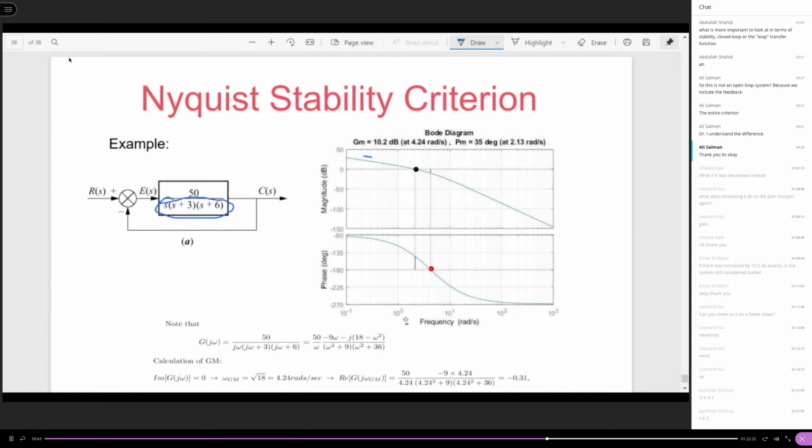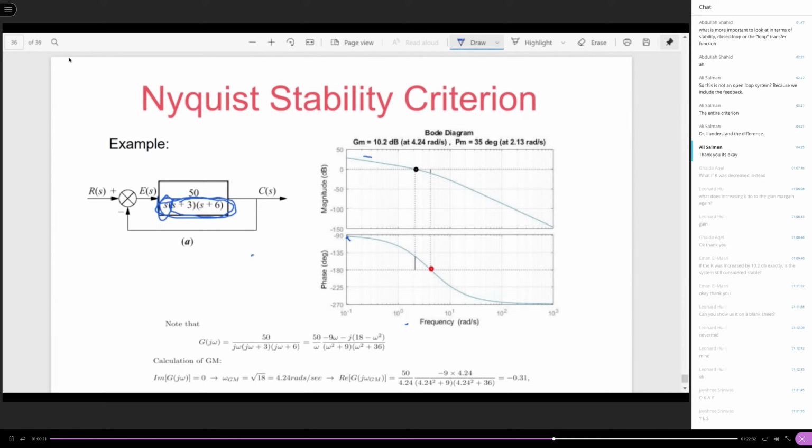But this system has an integrator, so the integrator is going to be at negative 90 degrees anyway. So the remaining two terms are going to contribute at most minus 180 degrees on top of the minus 90 degrees. That is why it is not a surprise to see its phase plot starting from minus 90 degrees instead of starting from 0.